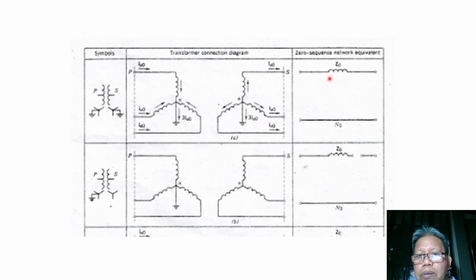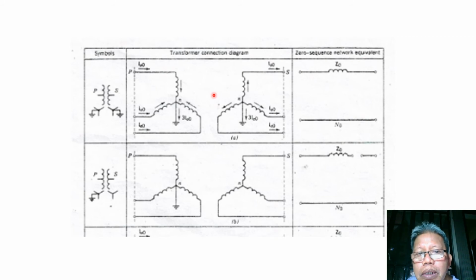So therefore, our equivalent circuit for the transformer with regards to the zero sequence impedance would be this. With respect to the primary terminal and secondary terminal, we place the impedance Z_0. And then of course you have here the reference, to represent our transformer in the zero sequence impedance.